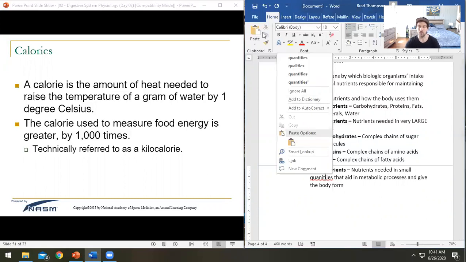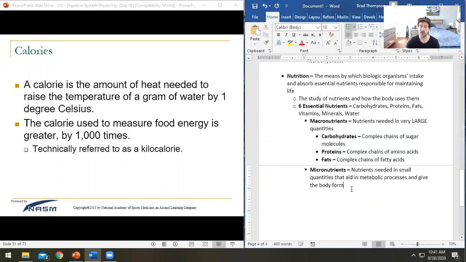So like, calcium, for instance, is what makes up your skeletal system. So it's really necessary to make sure that it's a part of your diet. It gives your body structure. It gives your body form. We'll say structure, actually. But at the same time, you've got vitamins, which also aid in the process of like the Krebs cycle, for instance.